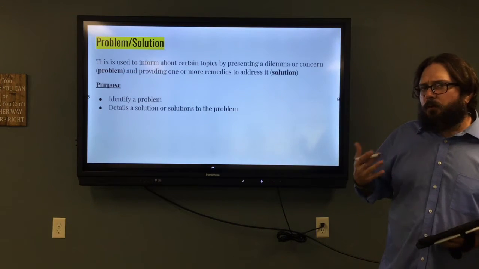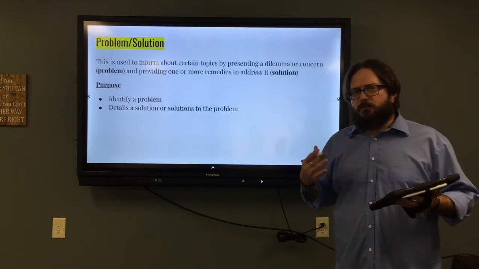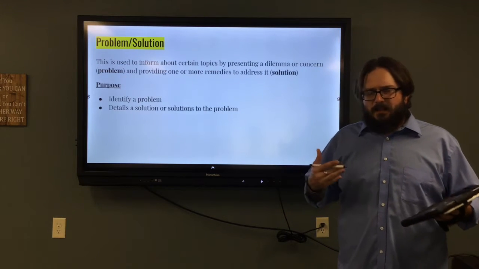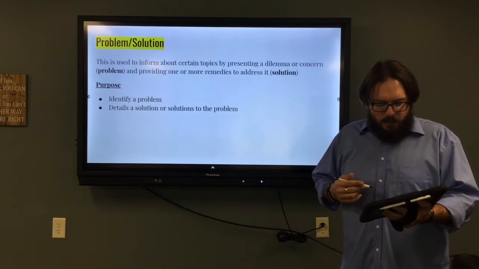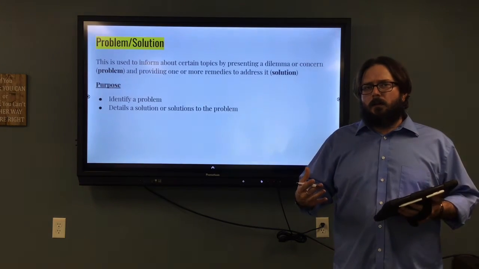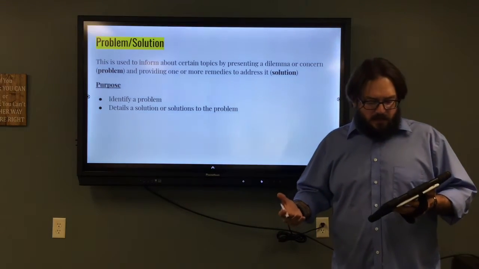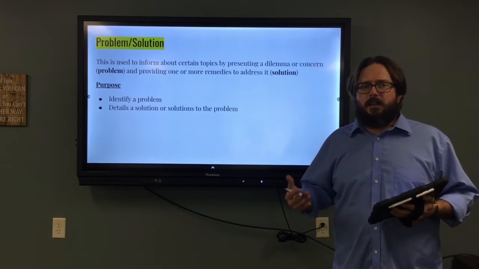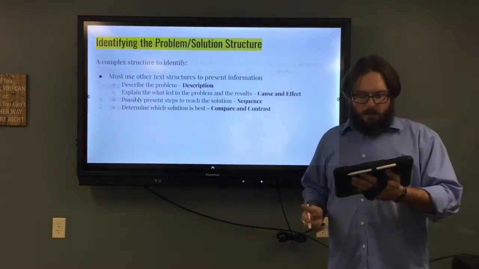So the author's purpose in using a problem-solution format is to identify a problem and then provide details about a solution or several solutions that could be used to effectively address the problem.